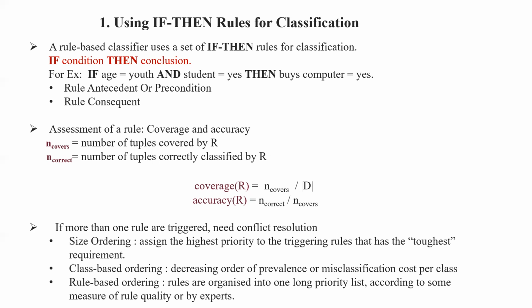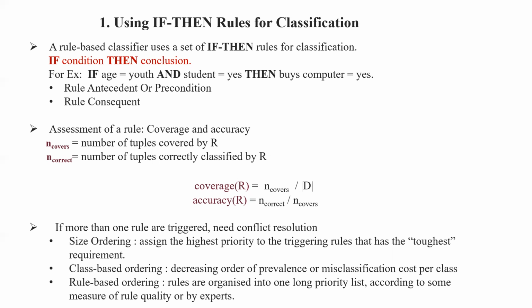Accuracy is equal to n correct divided by n covers. Coverage is the percentage of tuples that are covered by the rule. For a rule's accuracy, among the tuples that it covers, we see the percentage of them the rule can correctly classify.